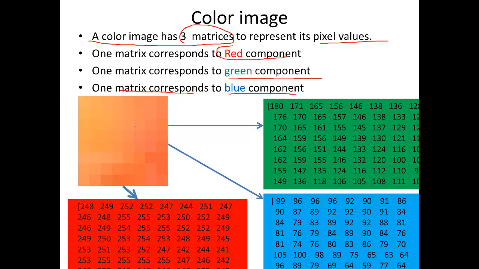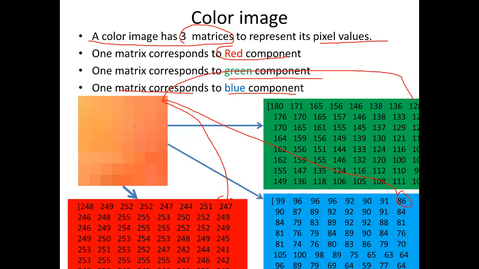For example, for this pixel, we have a value 128 for the green component. Also, we have 247 for its red component. Also, we have blue pixel value. So for each pixel, we have three values.